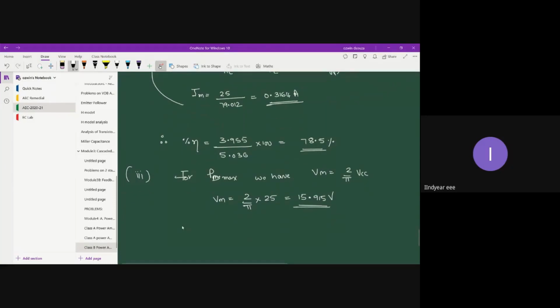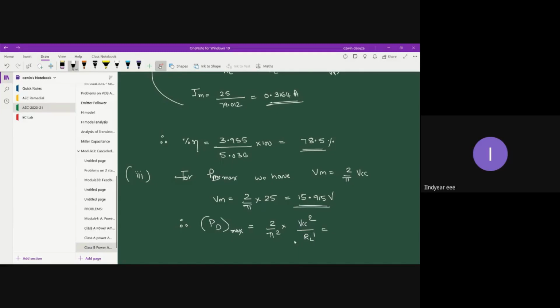Okay. So therefore, PDC max, I'm so sorry, it's not PDC max, it is PD max. Okay, so PD max is equal to 2 by pi square into VCC square divided by RL dash.